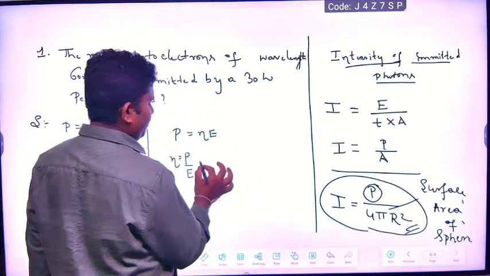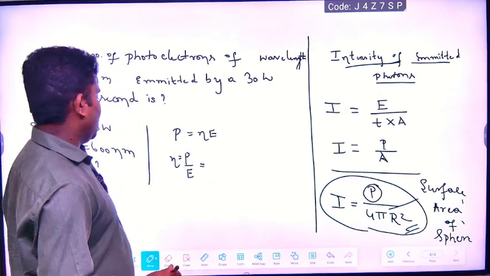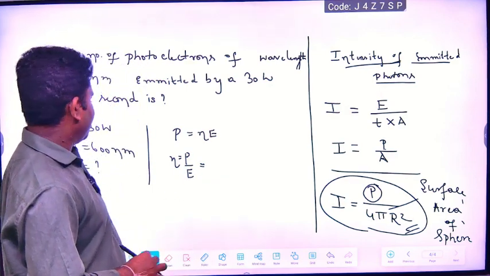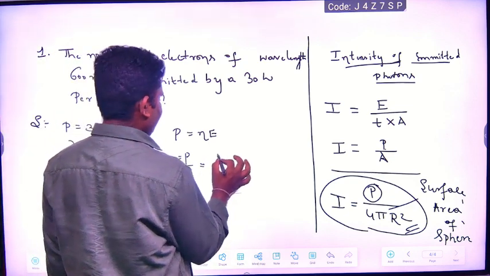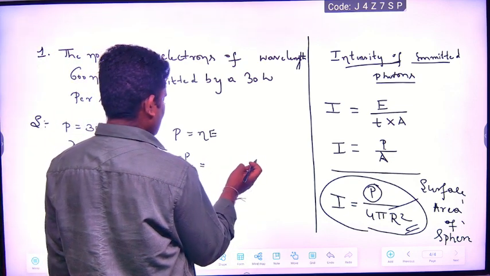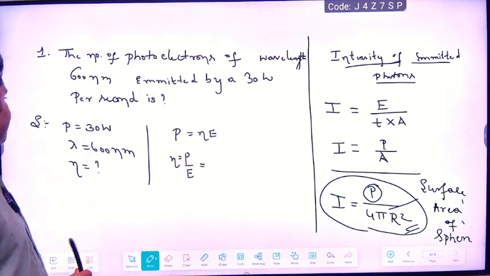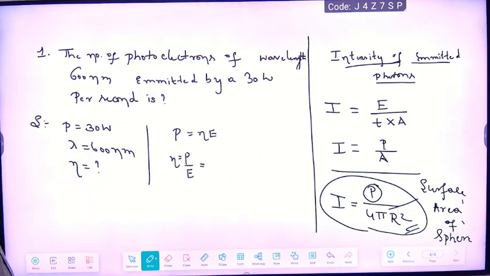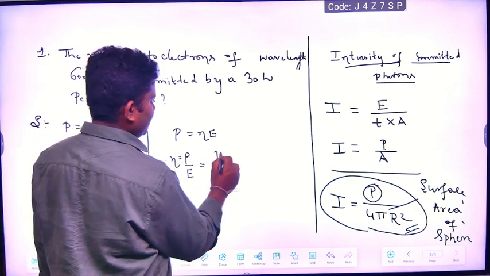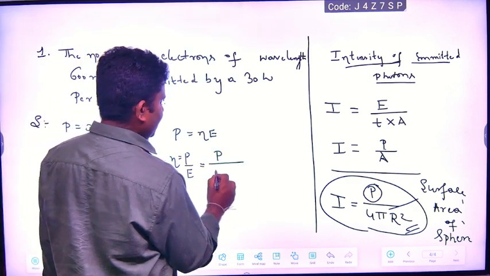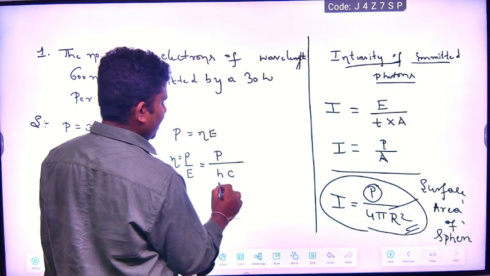Okay. Now P divided by E, right? One minute. They have given power, right? Power is 30. One more formula is there: E is equal to h mu. You know, you see. So P divided by E is equal to h mu, that is hc divided by lambda.